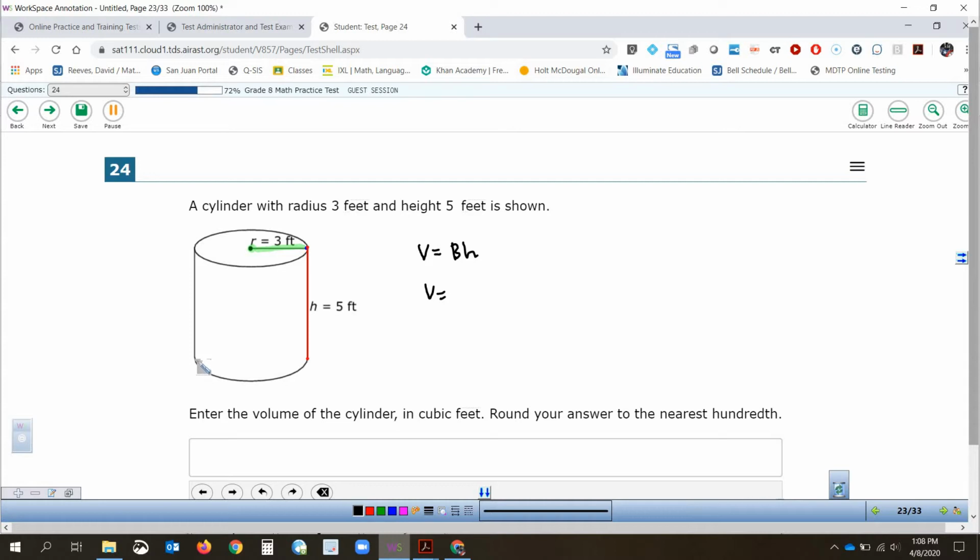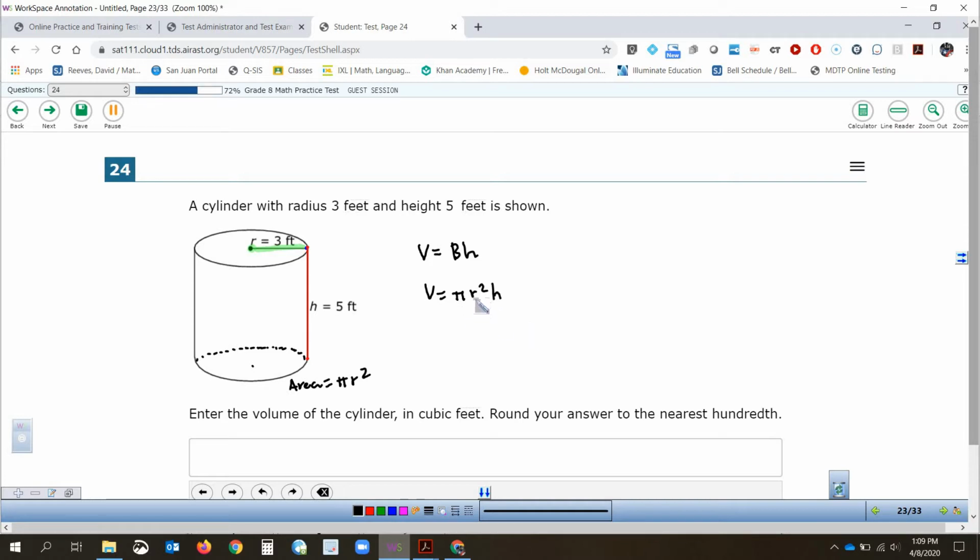There's another one down here, and it would have the same radius. That is a circle, and the area of a circle is pi r squared. So the volume of a cylinder is pi r squared times the height, h.